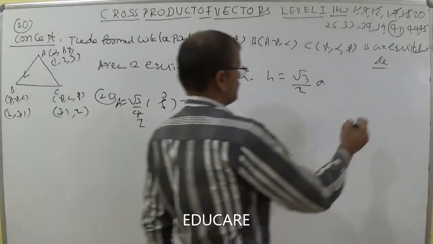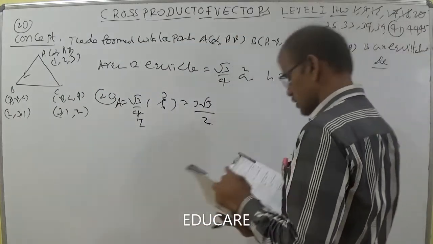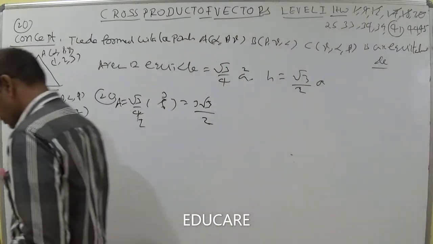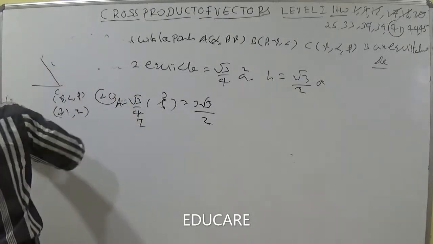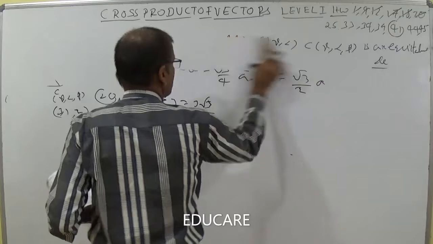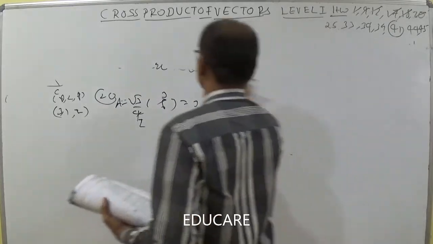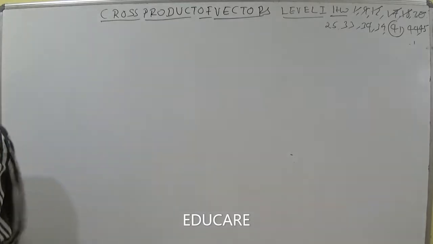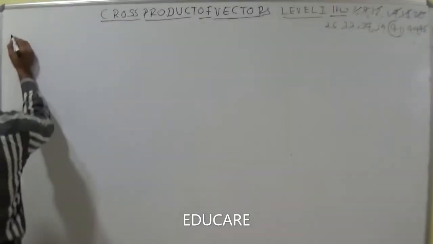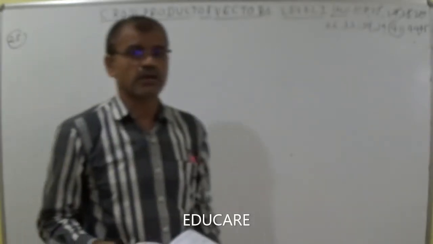Next, 20th completed. Let us discuss the 25th question. In the 25th question, the vector orthogonal to 2 vectors is given and that should have magnitude 5. Students, you know all the questions. Every student can do all the questions, but what is important from the examination point of view, I am discussing.